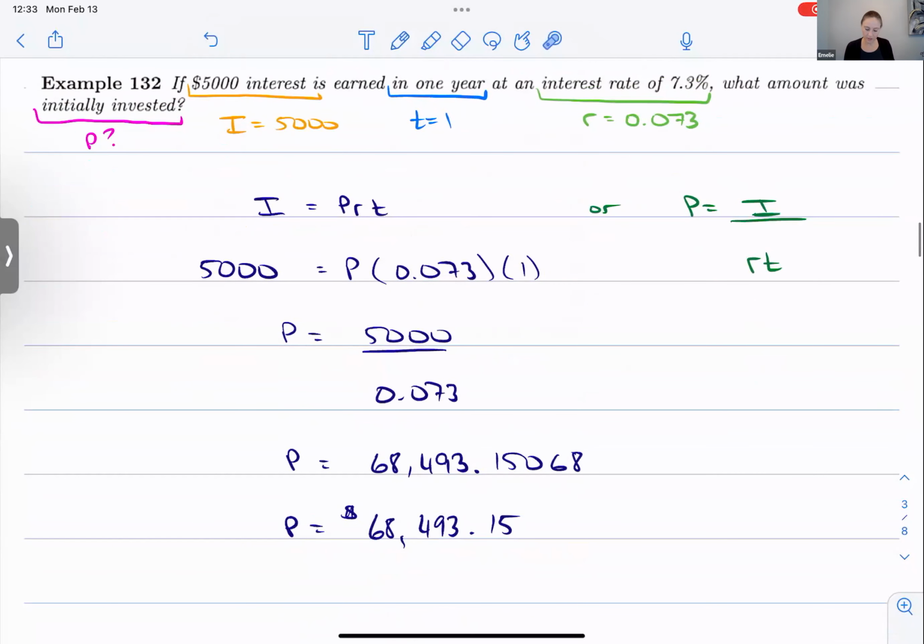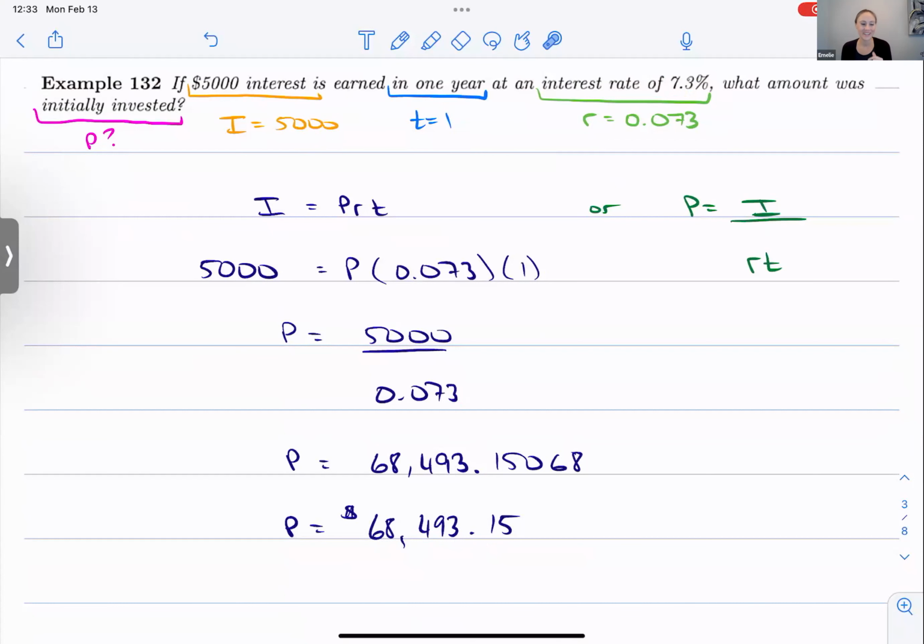So what's another way of summarizing this result? Well, if I invested $68,493.15 at 7.3% for a year, then I would get 5,000 in interest at the end of that year. Pretty awesome. You're not going to be able to find 7.3% anywhere. I'd probably not.